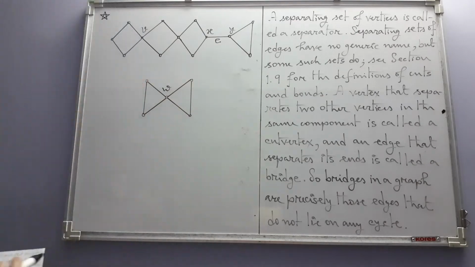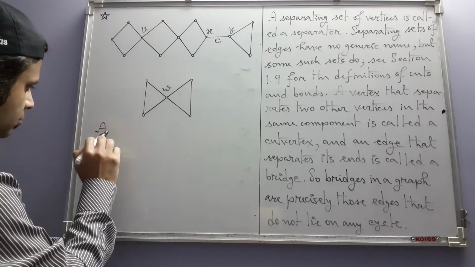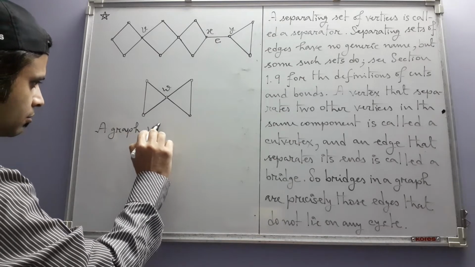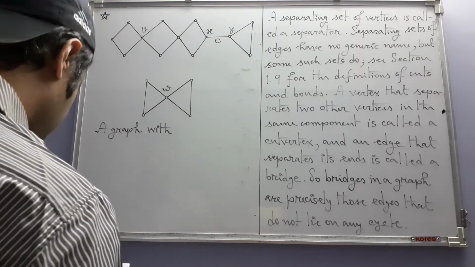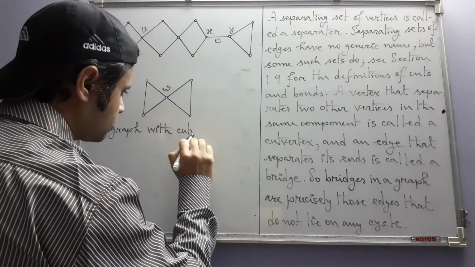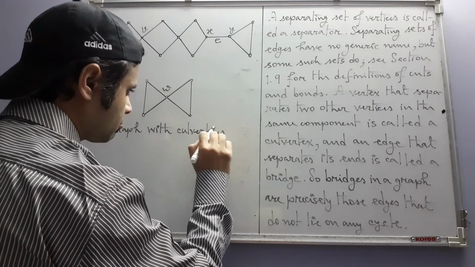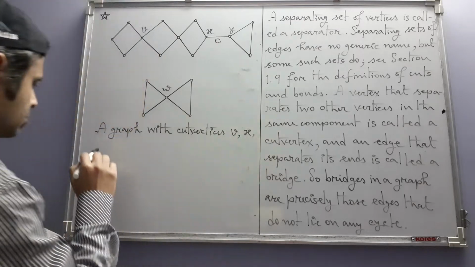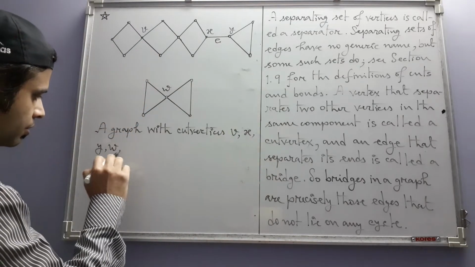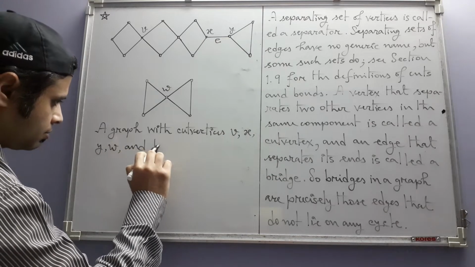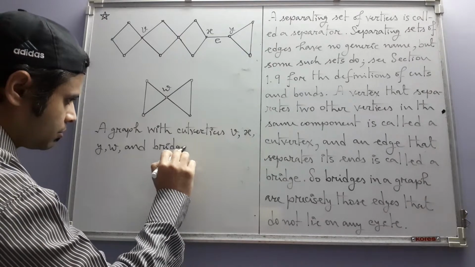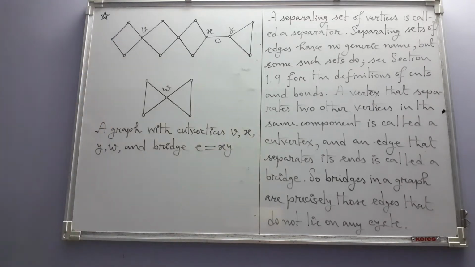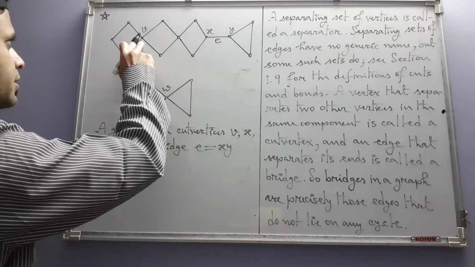The description of the graph is this: a graph with cut vertices V, X, Y, W and bridge E, whose ends are X and Y. So you can clearly see that this is a cut vertex.